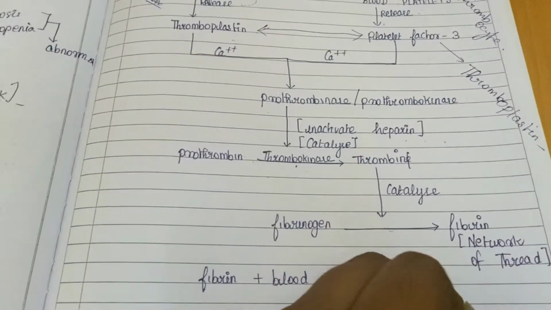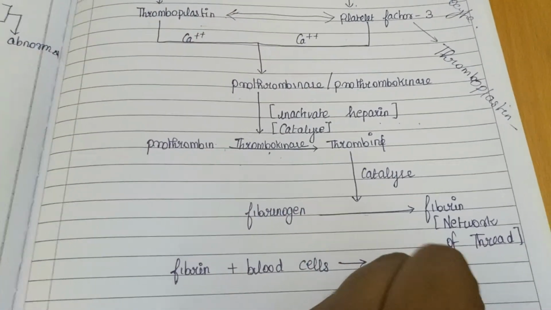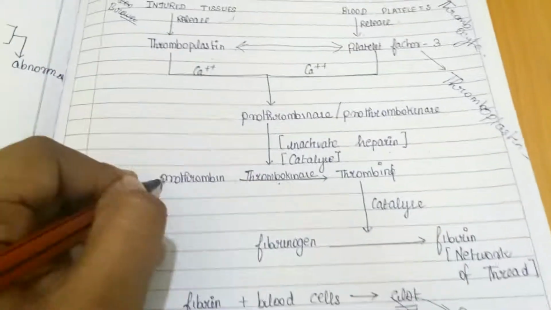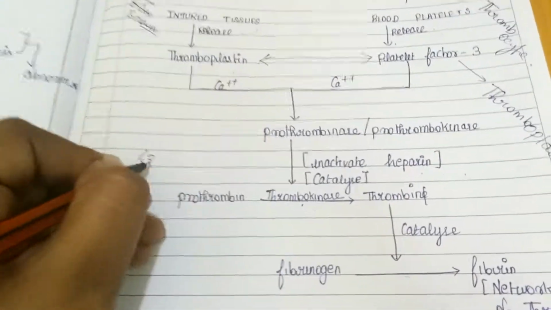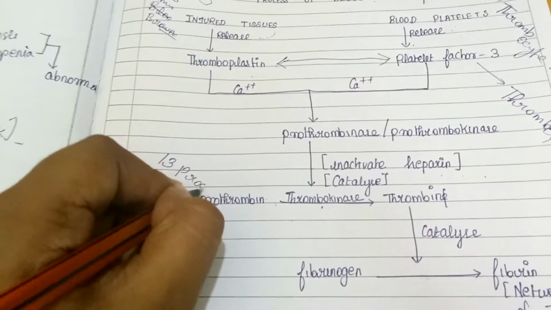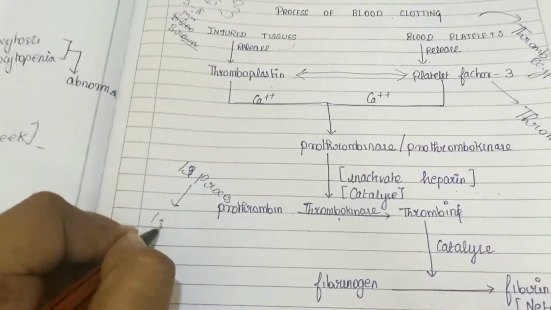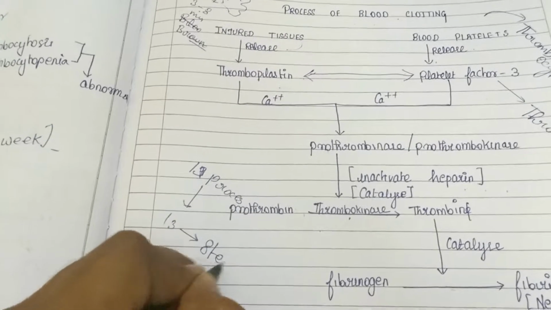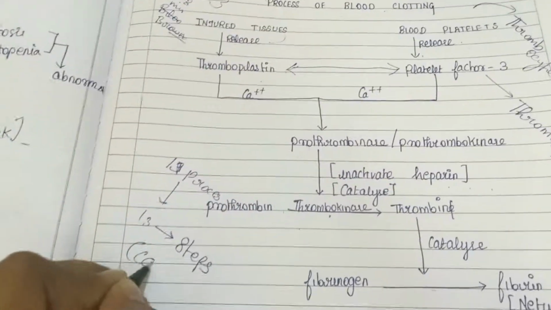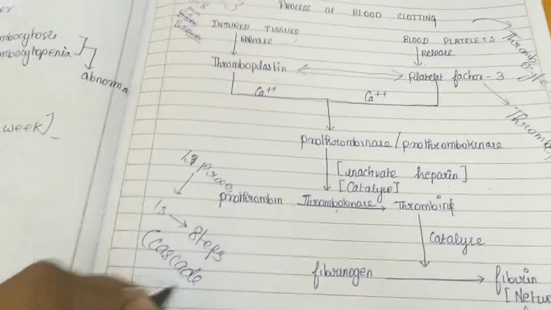So the clot is a brown thing which is formed, and it actually involves 13 processes, 13 steps. One process and 13 steps, and we call it the cascade process.